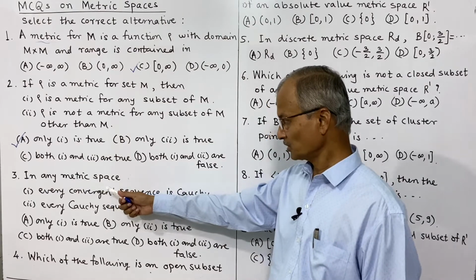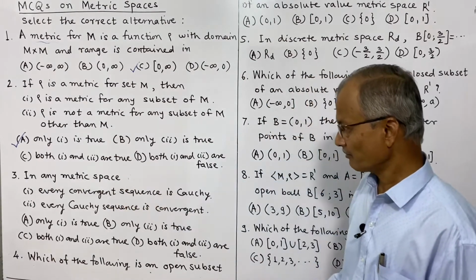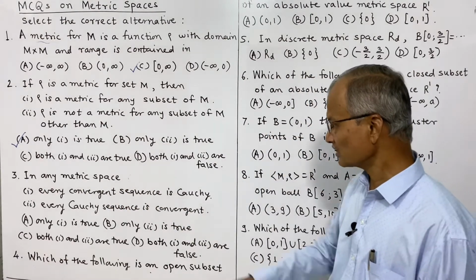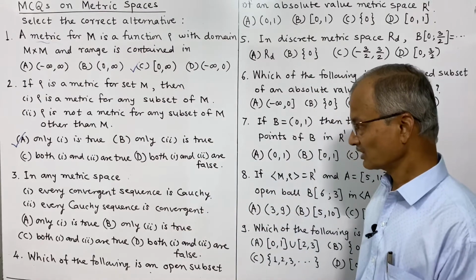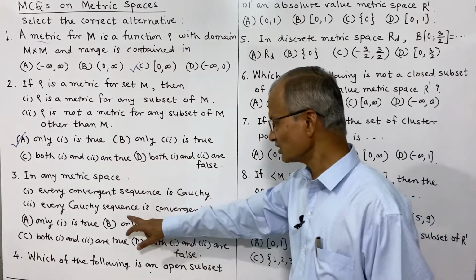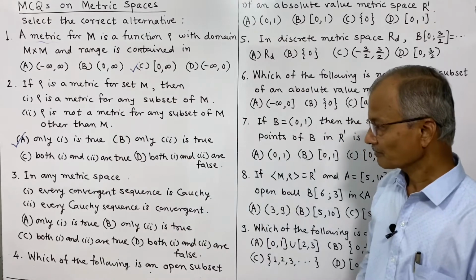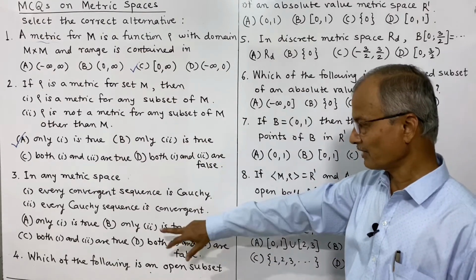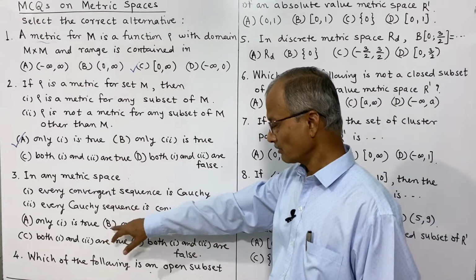Now the third question is: in any metric space, every convergent sequence is Cauchy. First statement. Second, every Cauchy sequence is convergent. And again similar alternatives are there.